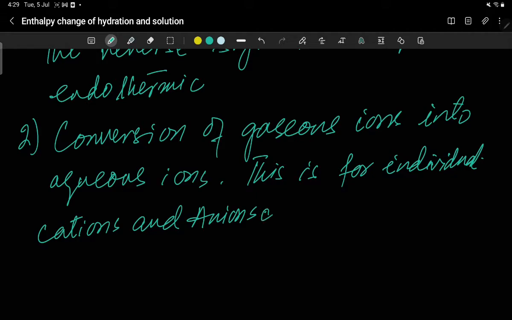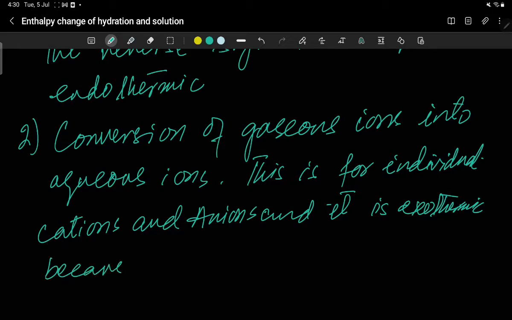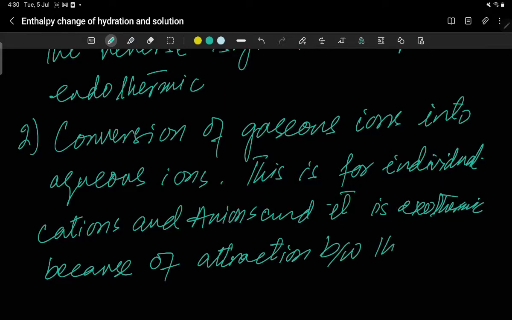And it is exothermic because of the attraction between the ions and polar water molecules.